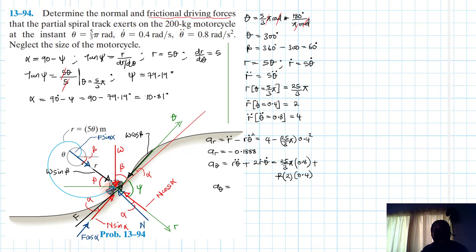Okay, so 25 divided by 3 times pi times 0.8 plus 2 times 2 times 0.4. This just gives us 22.5440.